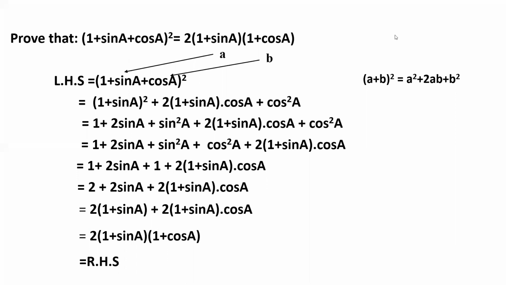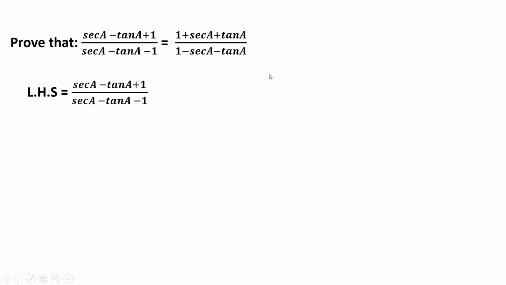Now let's move to the next problem. Look at this. Here I'm taking the LHS once again. Look at this: (sec A minus tan A plus 1) upon (sec A minus tan A minus 1).